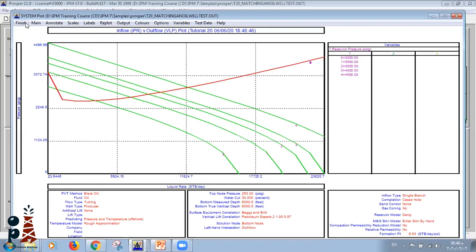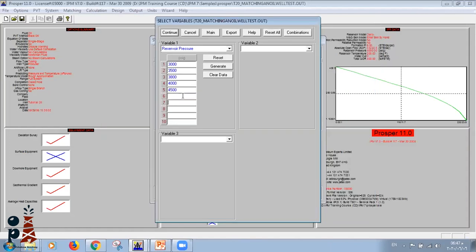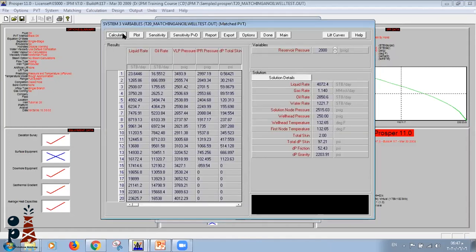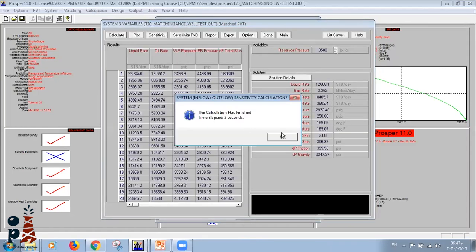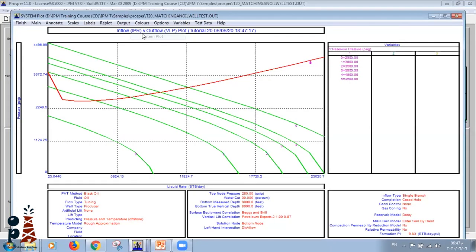I can enter another number. I can enter here, for example, a lower number, like 2,000. And I want to see this because I want to show you something. You see here, there is no intersection between the VLB and the IPR, which means that in this case, there is no production naturally from this well.